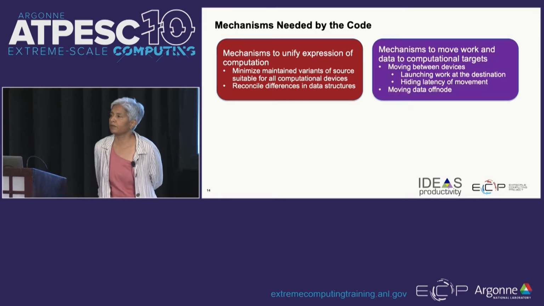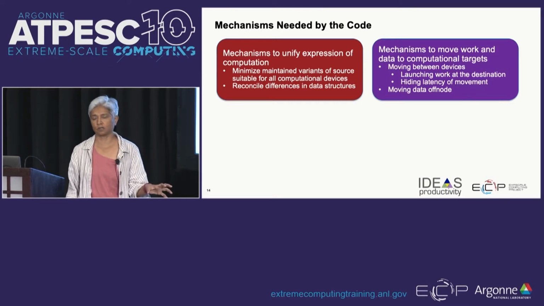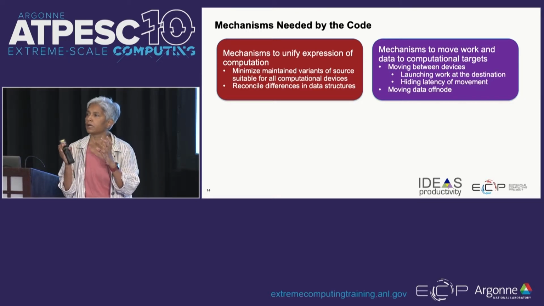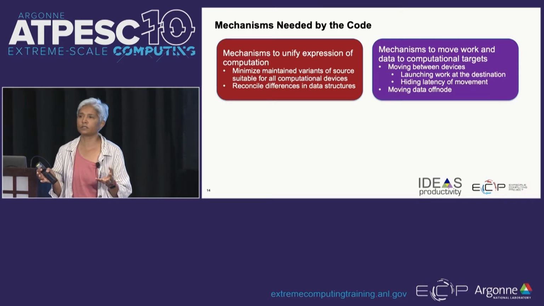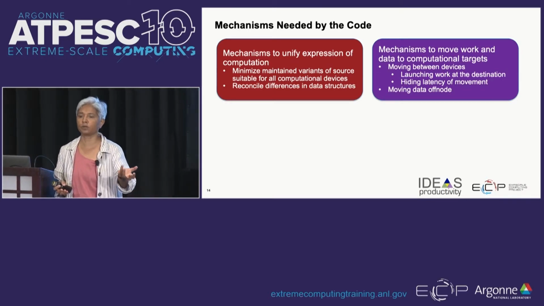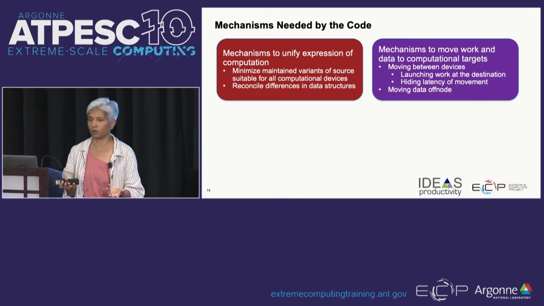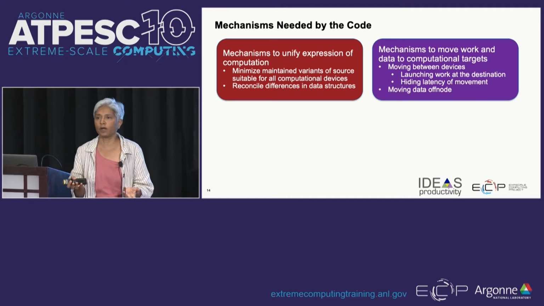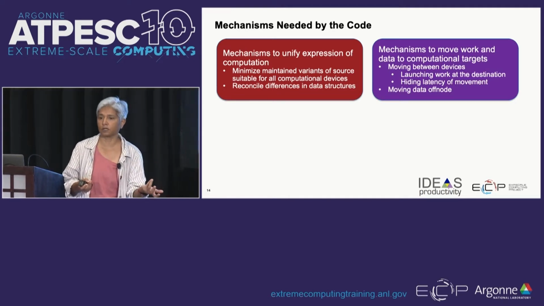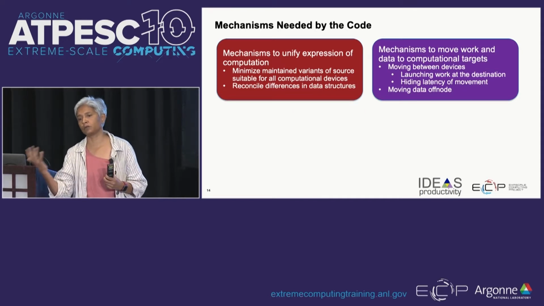Then you need a mechanism that can move work and data to different computational targets. In distributed memory, again, it was a simple thing. You did your domain decomposition, you mapped one section of the domain to one of the nodes, MPI took care of internode communication, and you were good to go. That's no longer true. Now you have devices to which you want to move data within the node. You may need to move data off the node, and so on.